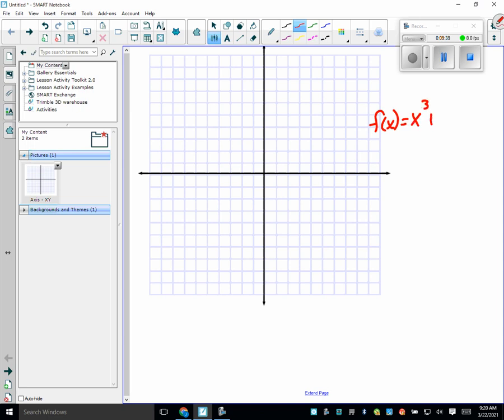X cubed plus x squared minus 4x minus 4, over x squared plus 3x.